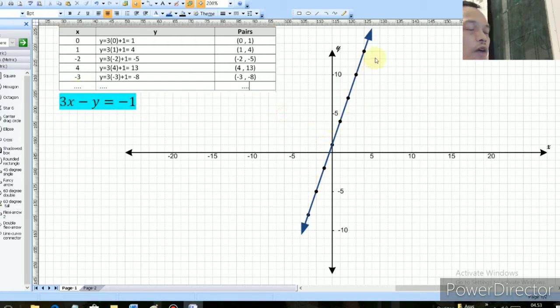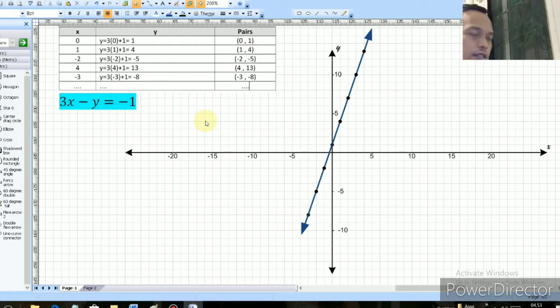Again, if you want to confirm whether your graph is right or wrong, you need to check as many as possible, all the dots on the line, anywhere on the line. For example, this one, this is the pair of x and y. It needs to satisfy your equation.